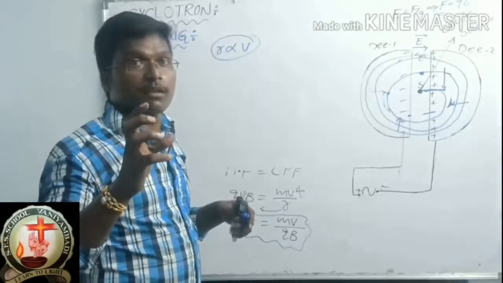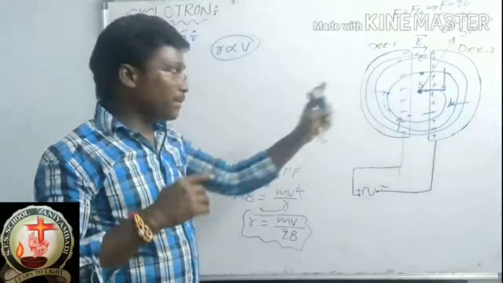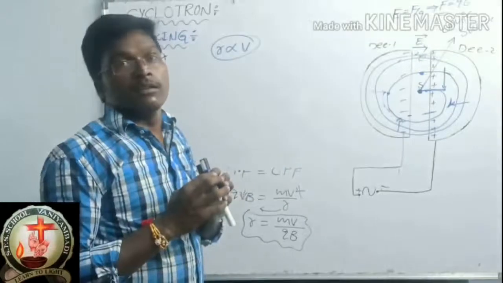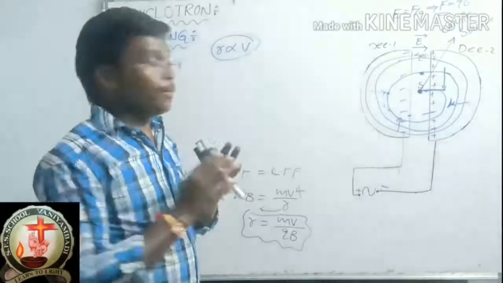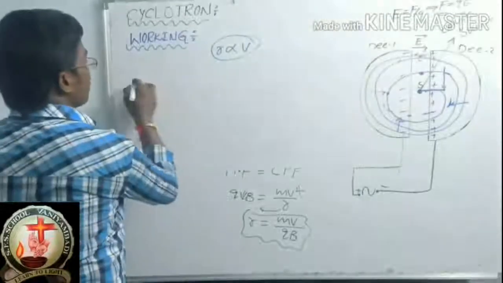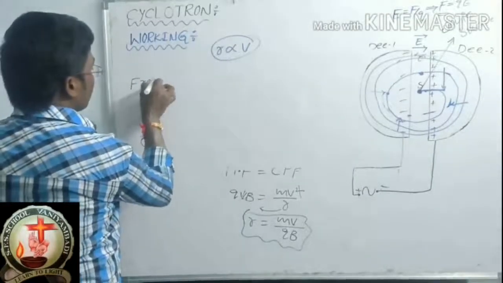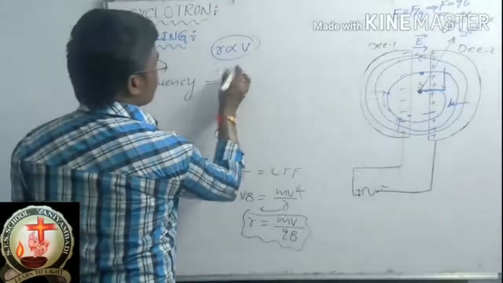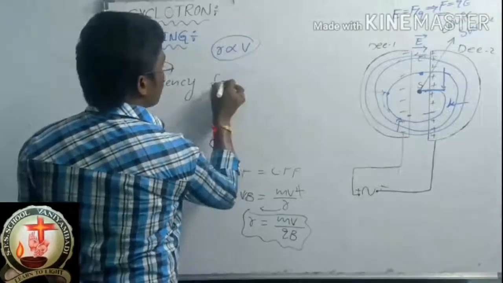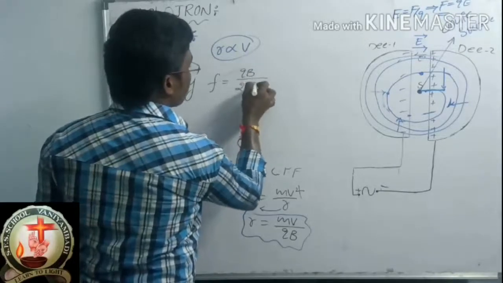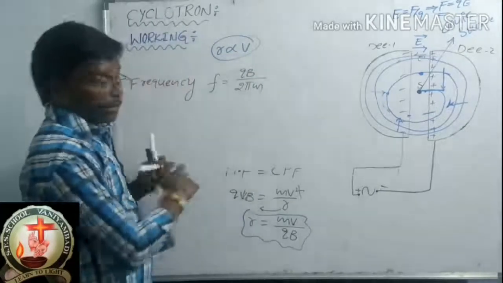Whenever a charged particle is revolving in a circular path, that particle has a frequency. The frequency f is equal to qB by 2 pi m. Remember this, I already told you.